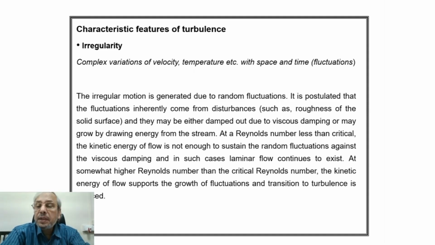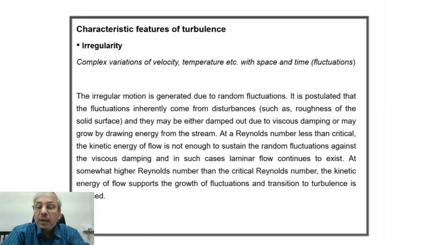It is postulated that the fluctuations inherently come from disturbances such as roughness of the solid surface, and they may be either damped out due to viscous damping or may grow by drawing energy from the stream.